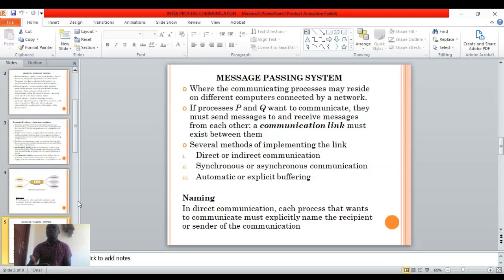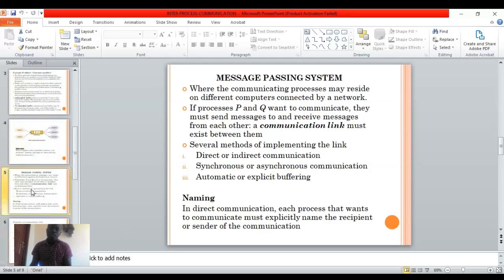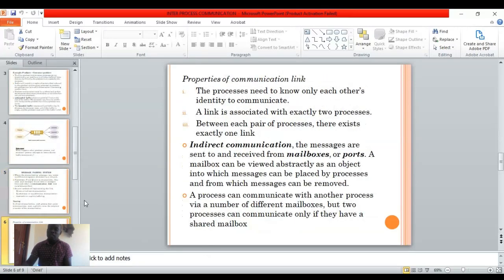There is an explicit way of naming each component involved in this communication. That's why there are some properties that must be there for this communication link to be able to work.